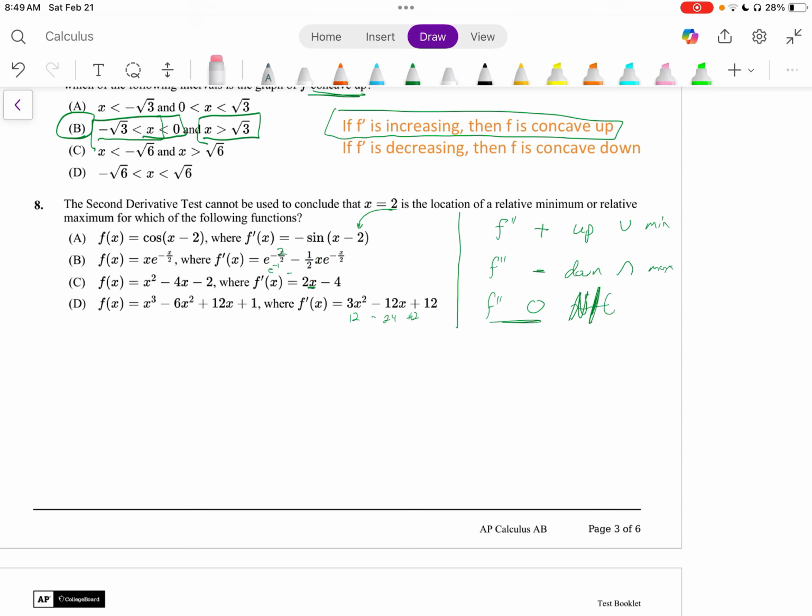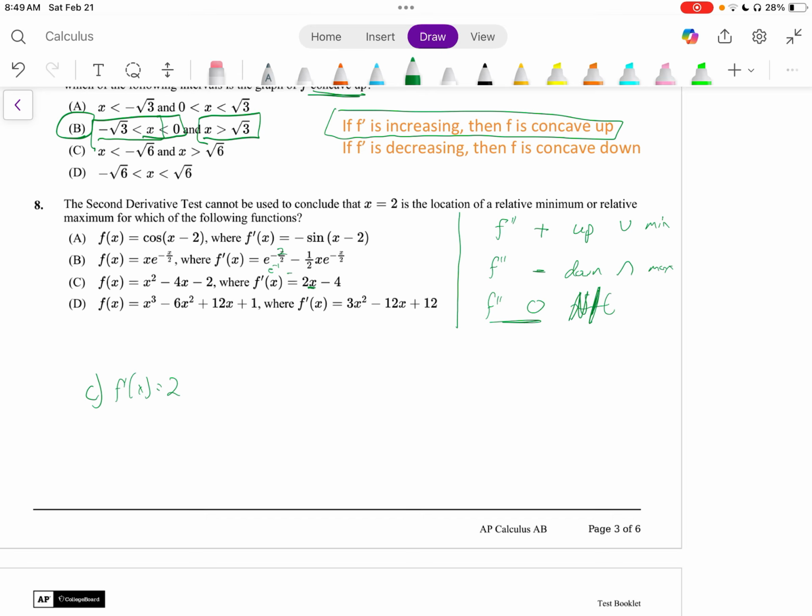So now we have to look at the second derivative. We're going to go through and see which one doesn't work. I would probably start with the ones that are easier first. So C, that's nice and easy. For C, the second derivative is 2.